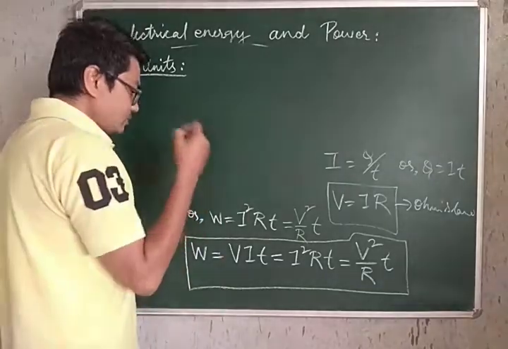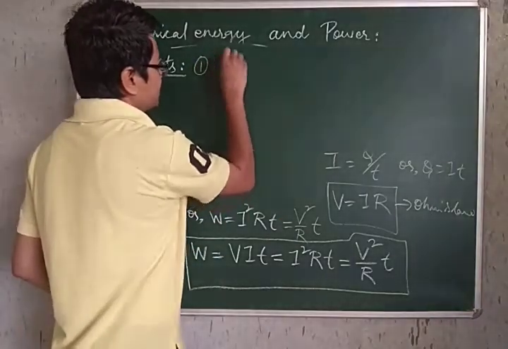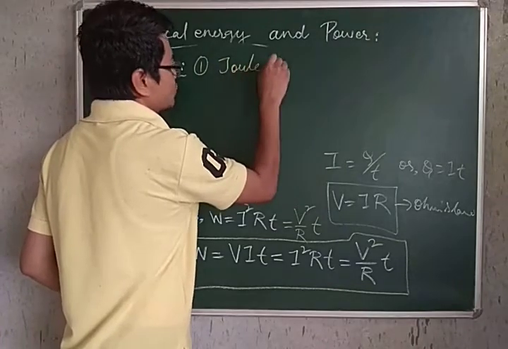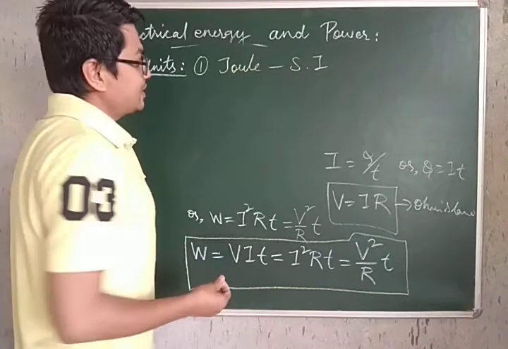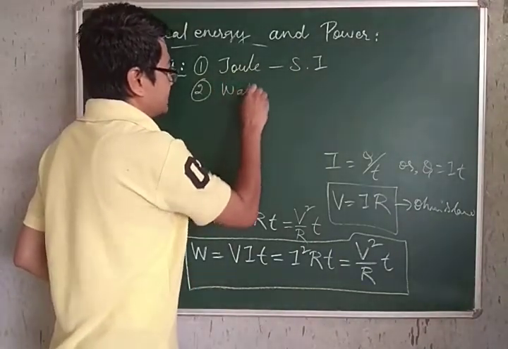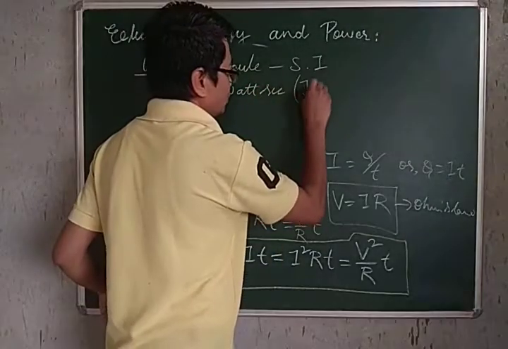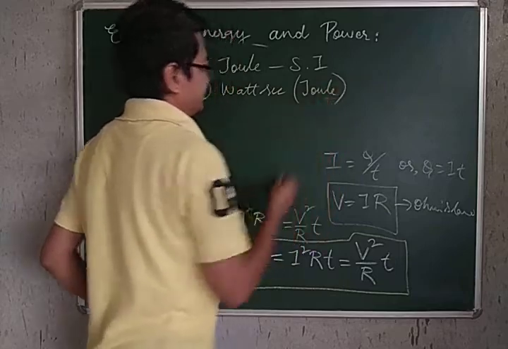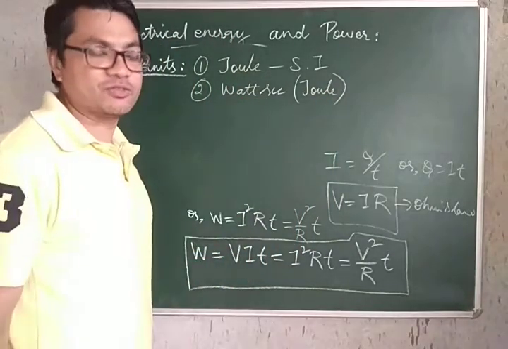The SI unit is joule for both energy and work done. There are other units also. Watt second and joule are one and the same thing, because watt second we get from the definition of power.